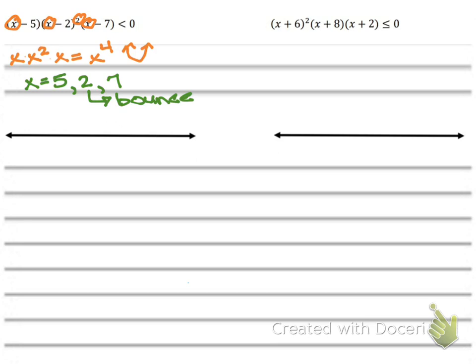So on my number line, I have a 2, a 5, and a 7. Are they going to be open circles or closed? Open, open, open. And so we know that our guy is going to start up, he's going to bounce on the 2, and then he's going to cross at the other guys.